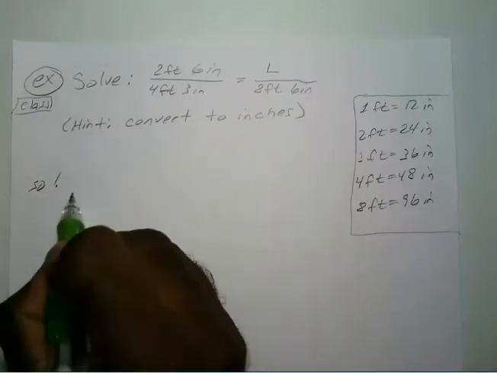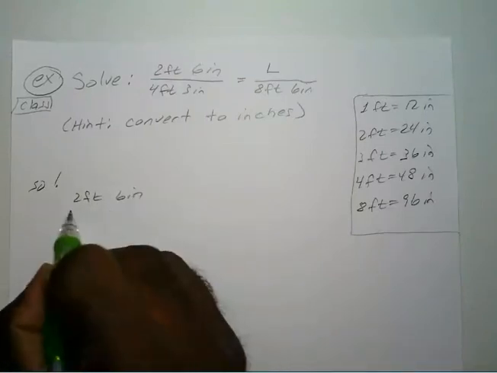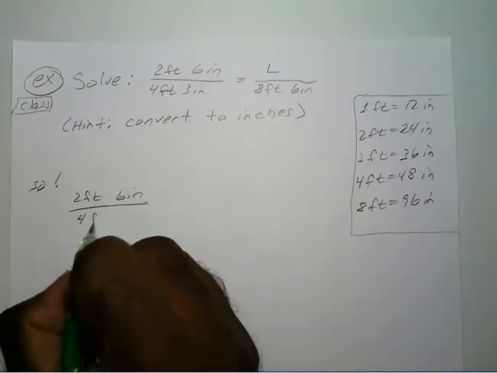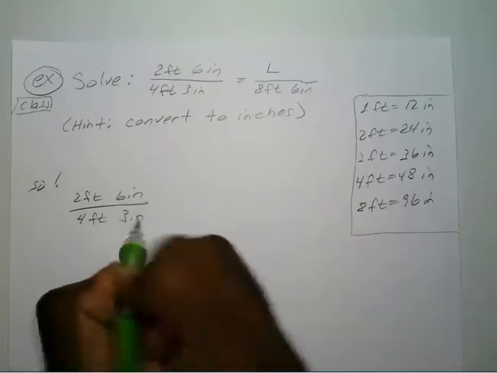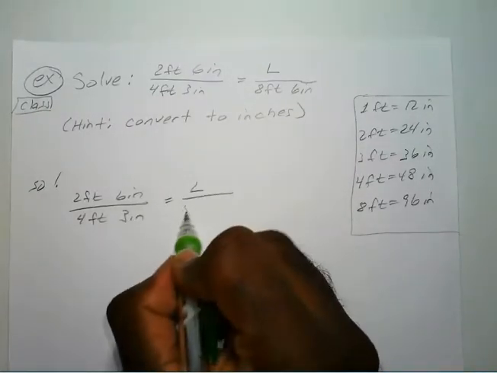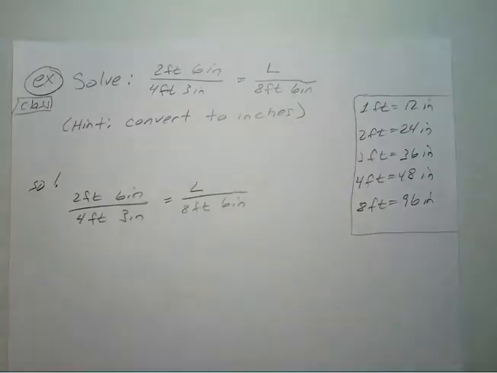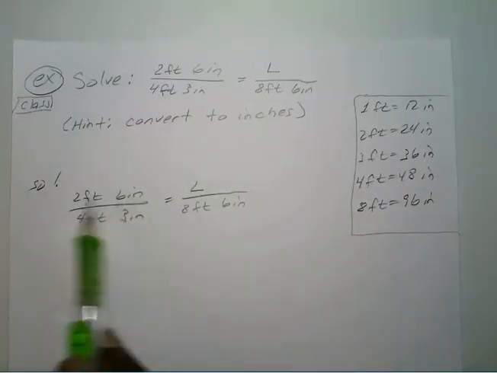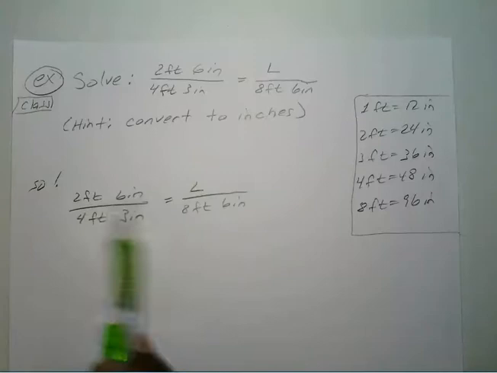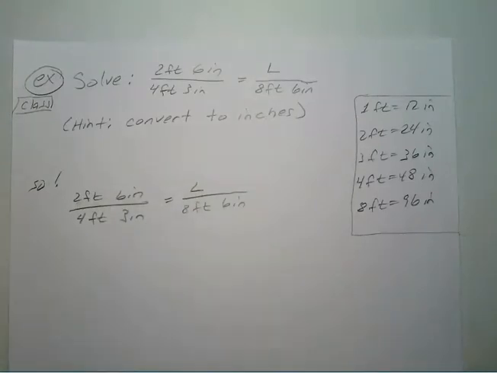Okay, so we have, just going to rewrite it, 2 feet 6 inches is to 4 feet 3 inches, as L is to 8 feet 6 inches. So we're going to solve for our unknown length of L. All right, so we want to just convert this to inches just to make it easier instead of trying to cross multiply a bunch of different units of measure.